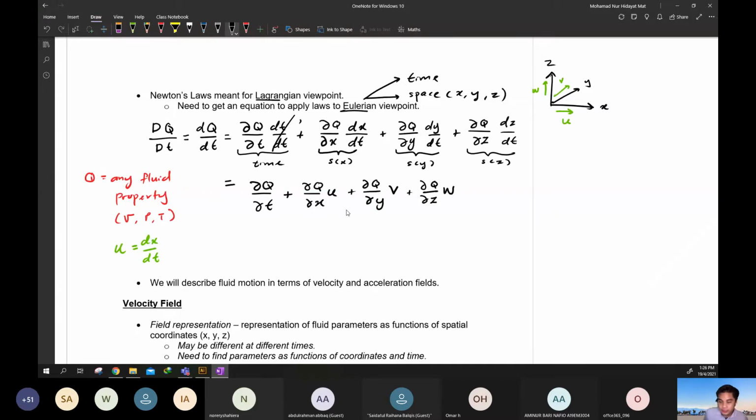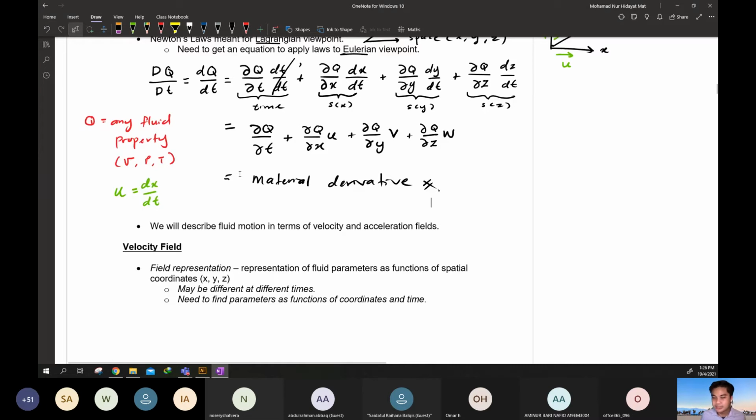So this is the equation that we use to convert from the Lagrangian to the Eulerian points of view. Sometimes all these terms we call the material derivative.